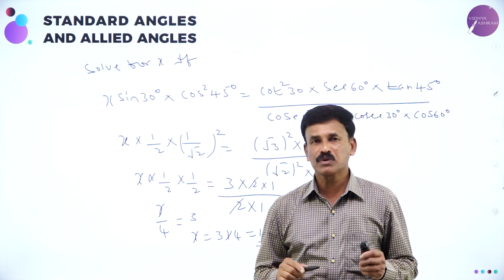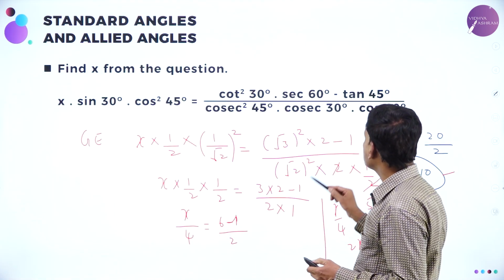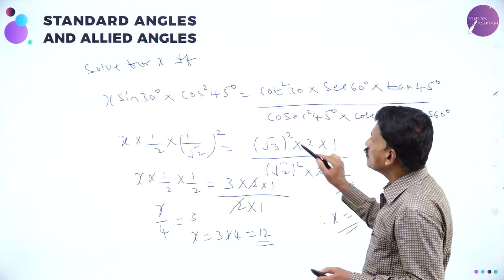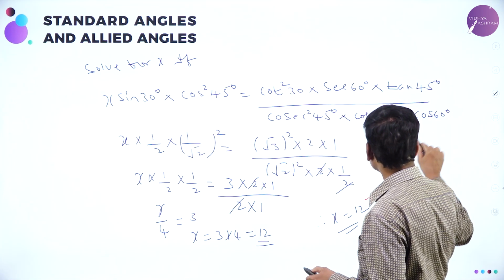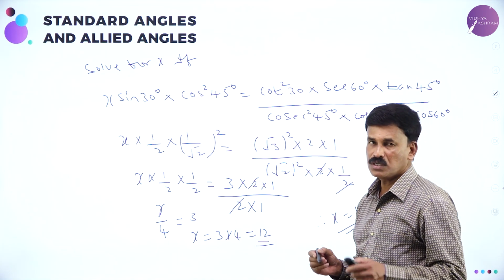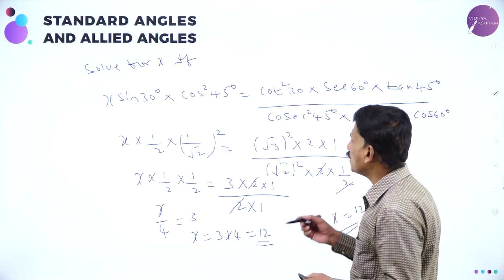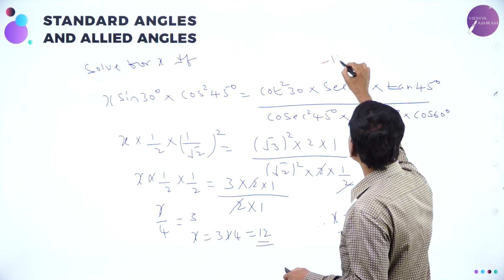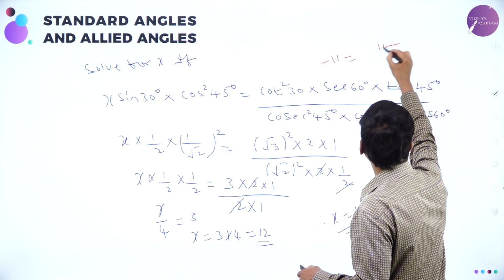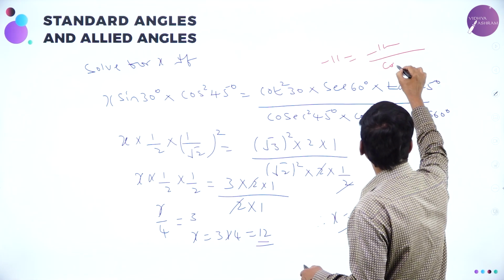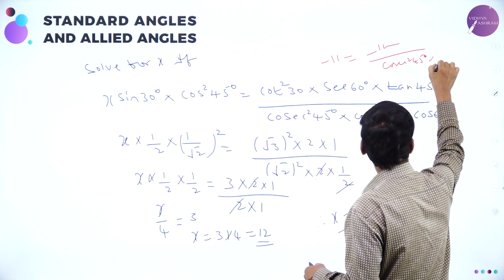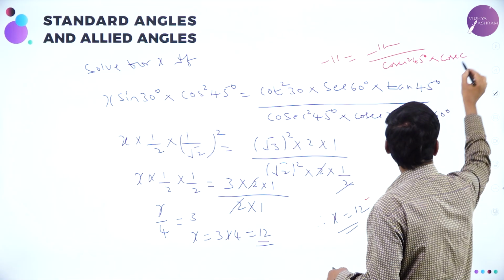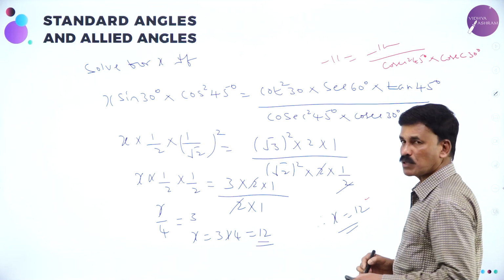So, there are three different problems. In the first problem, for minus tan 45, x is equal to 10. For the second problem, for cos 60 degrees, the value of x is equal to 12. Suppose there is one more problem, x sin 30 into cos square 45 is equal to the same in the numerator, and the same in the denominator, cosecant square 45 into cosecant 30.